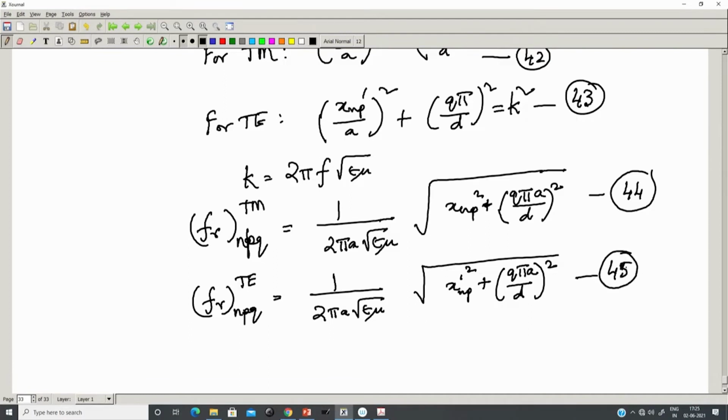This becomes 45, corresponding to the n p q th TE mode. So, these two expressions yield the resonant frequencies of the cavity.